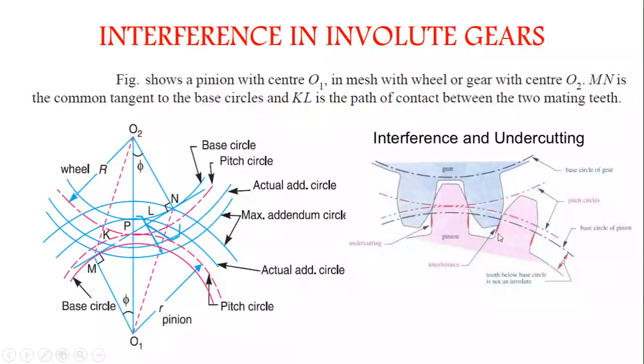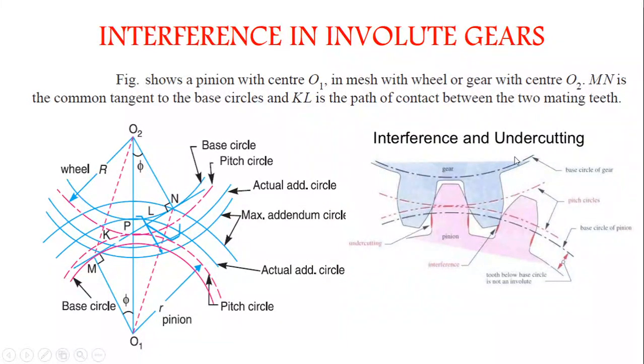Because of this, undercutting occurs. This phenomenon is called undercut. The undercutting happens in the pinion, and similarly in the gear as well. Because of interference, undercutting will happen.